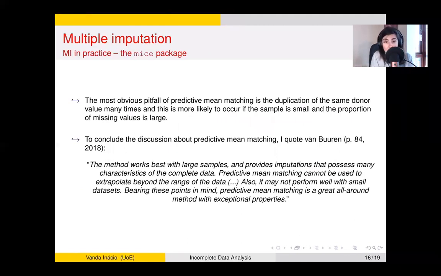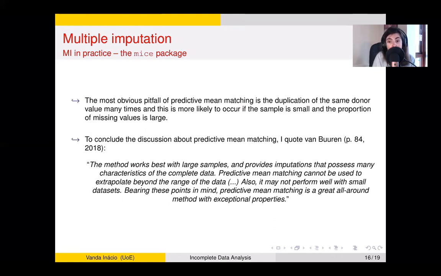We have already talked about it, and it's obvious that the risk of predictive mean matching is the duplication of the same donor many times, and this is more likely to occur if our sample is small, and also if the proportion of missing data is large.